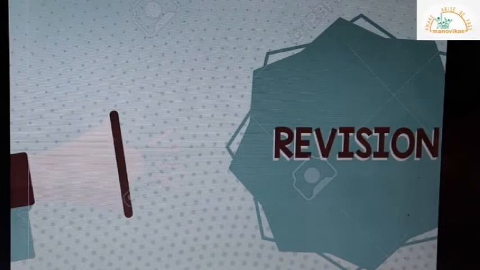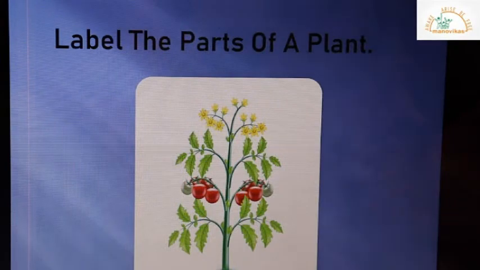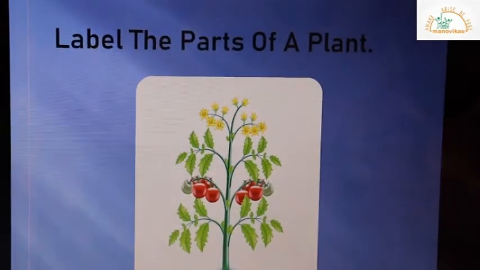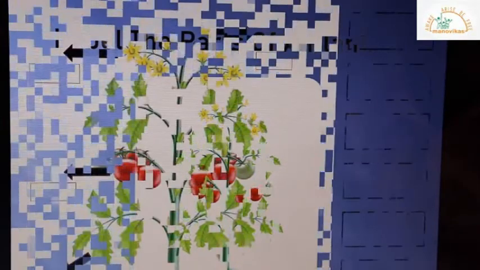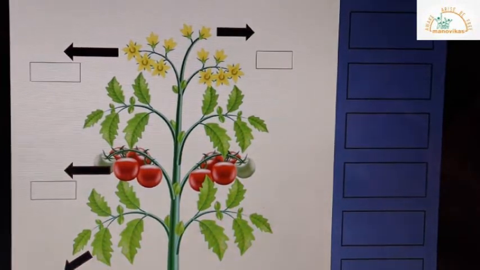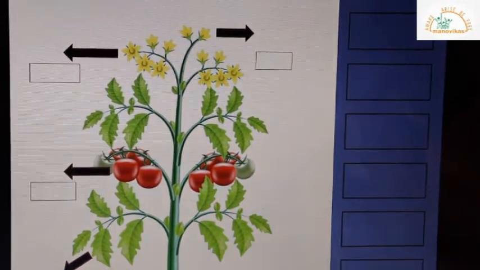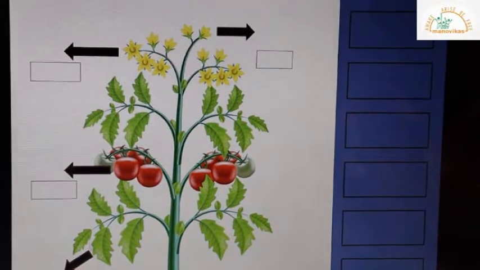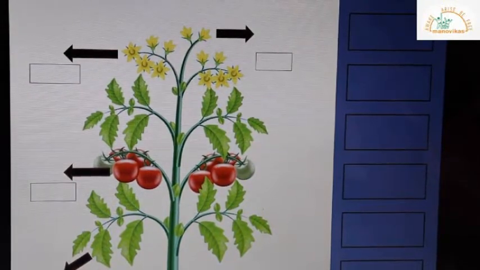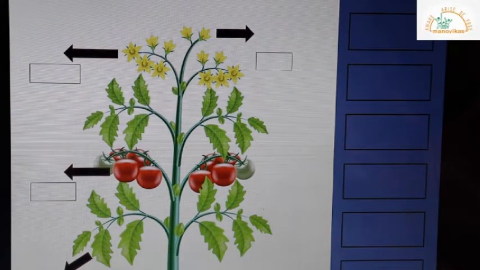Students, let us revise whatever we have learned. Let us revise the different parts of a plant. Let's get started. Label the parts of a plant. Here I have a plant and I have marked this plant with different arrows and I have given numbers to each arrow.